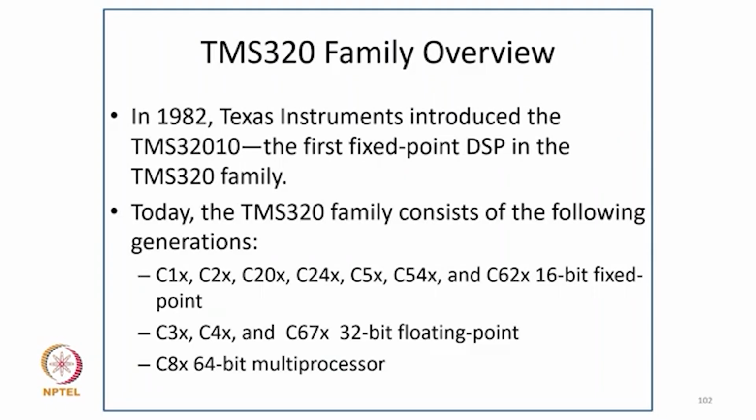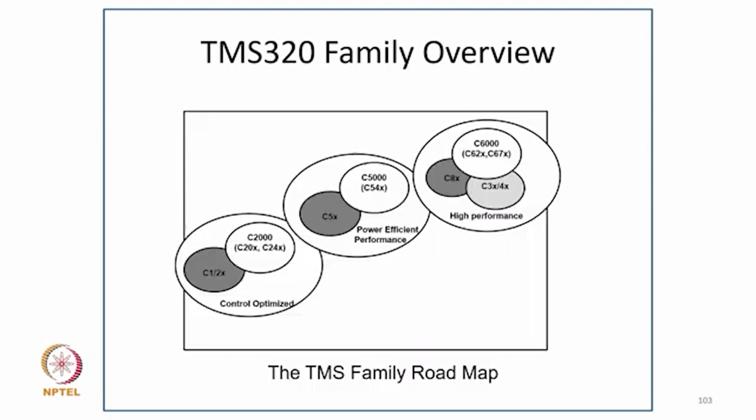In 1982, Texas Instruments introduced the TMS320C1x, the first fixed point DSP in the TMS320 family. Today the TMS320 family consists of the following generations: C1x, C2x, C5x, C54x and C62x as 16-bit fixed point, C3x, C4x and C67x as 32-bit floating point, and C8x as a 16-bit multiprocessor.